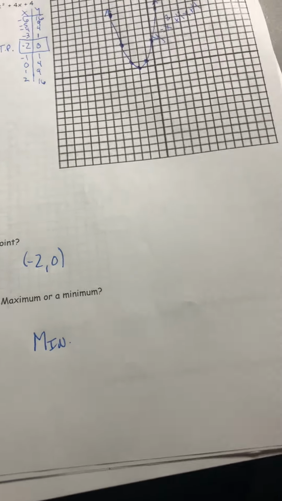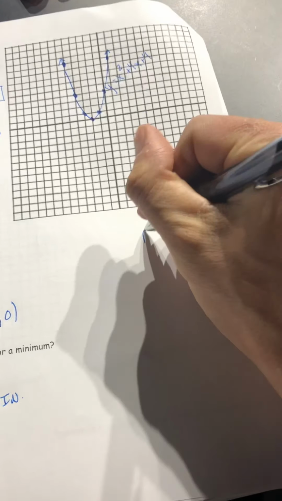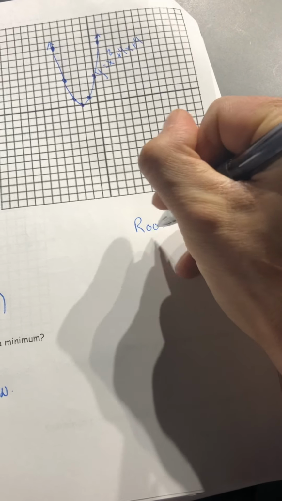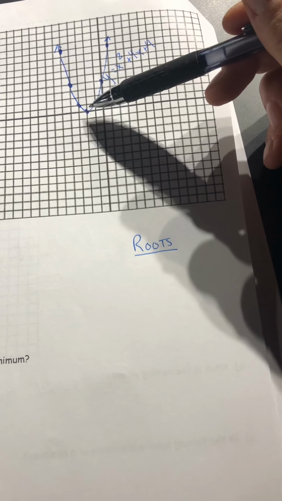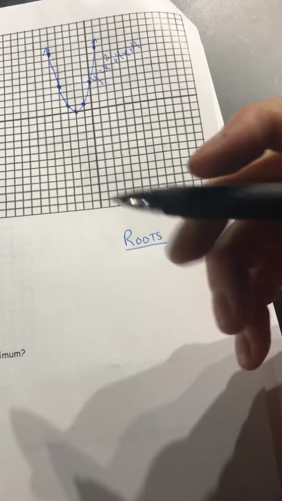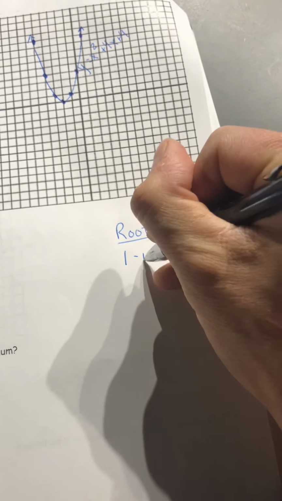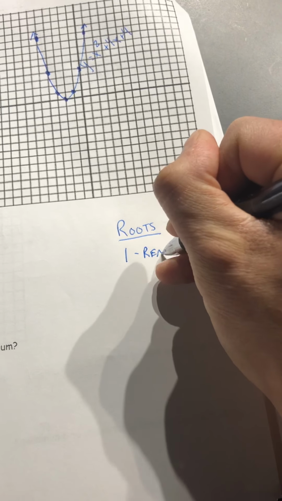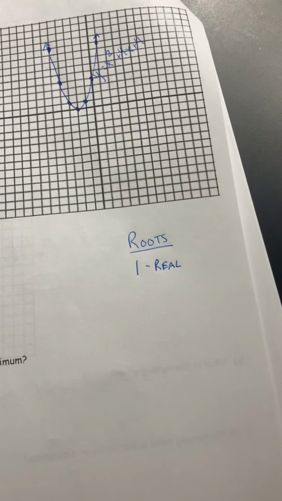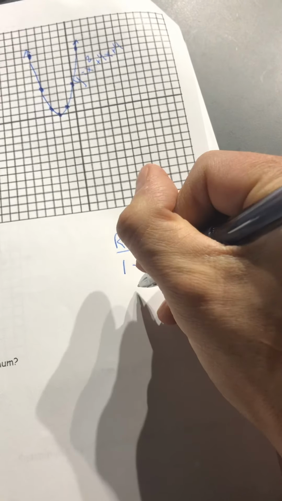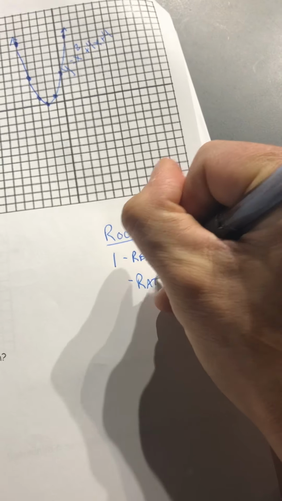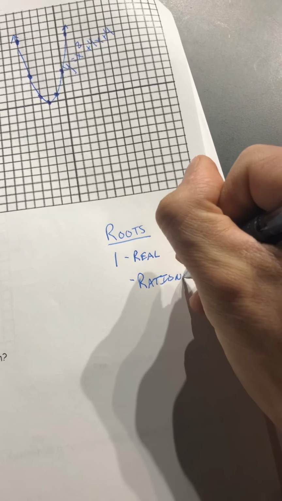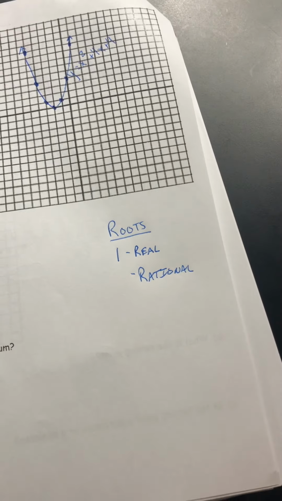One more thing that I want to talk about are our roots. So for the roots, it's where it crosses the x-axis. It only hits the x-axis at one spot. So we have 1 real, rational root.